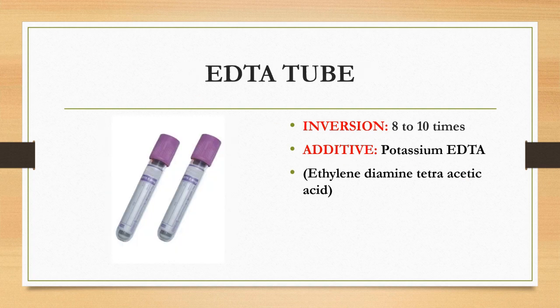The sixth one is the EDTA tube, which will be lavender in color. After taking the blood sample, you have to mix it 8 to 10 times, and the additive present inside is potassium EDTA, and the full form of EDTA is ethylenediaminetetraacetic acid.